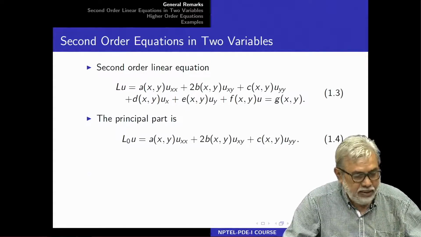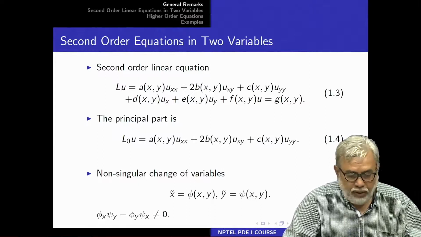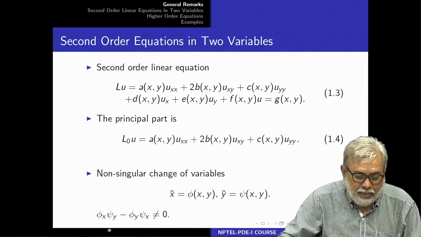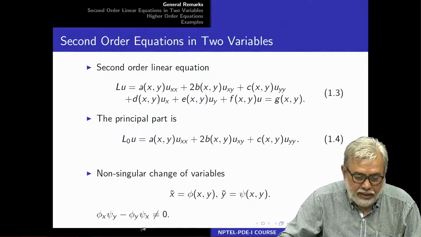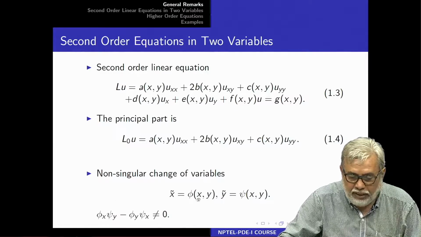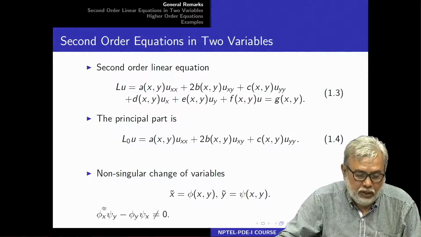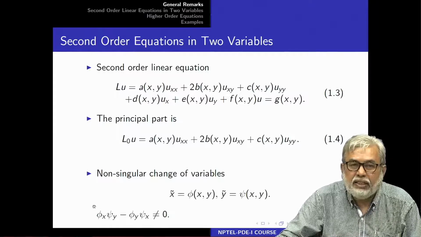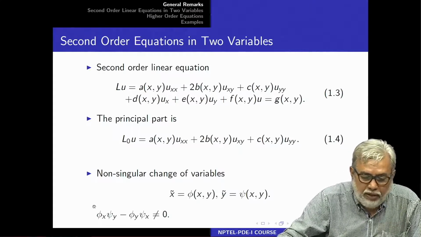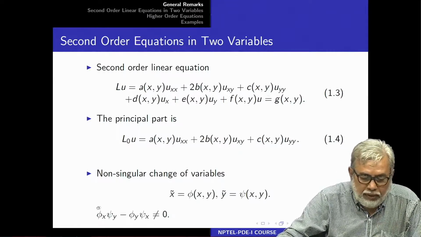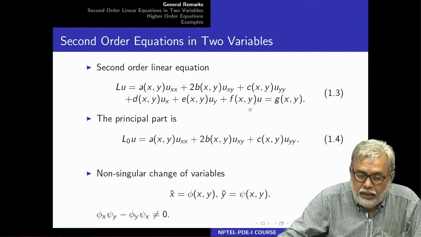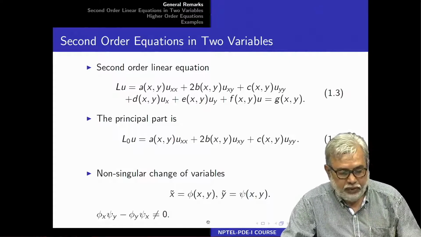And that we seek, and this is the requirement that this transformation is non-singular. That determinant I have written explicitly here, because it is a 2 by 2 determinant. So, just you compute that. This should not be 0 in the domain we consider.